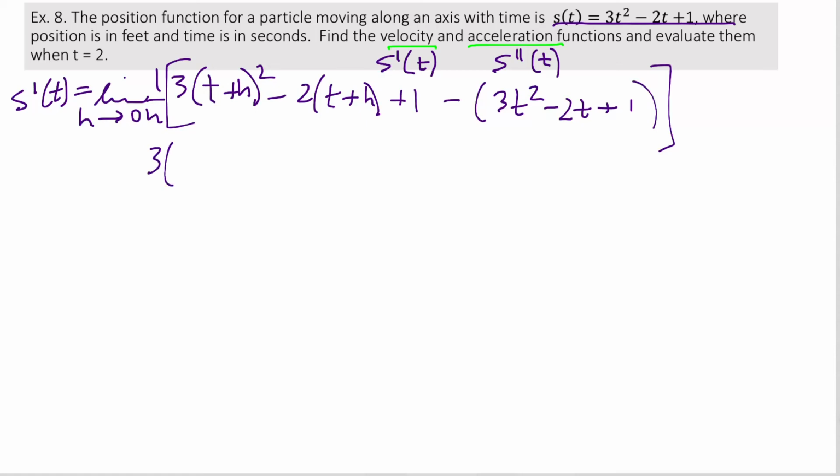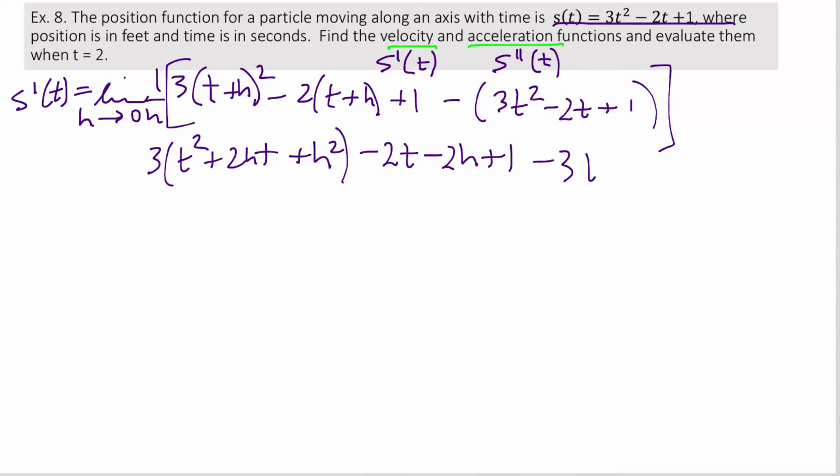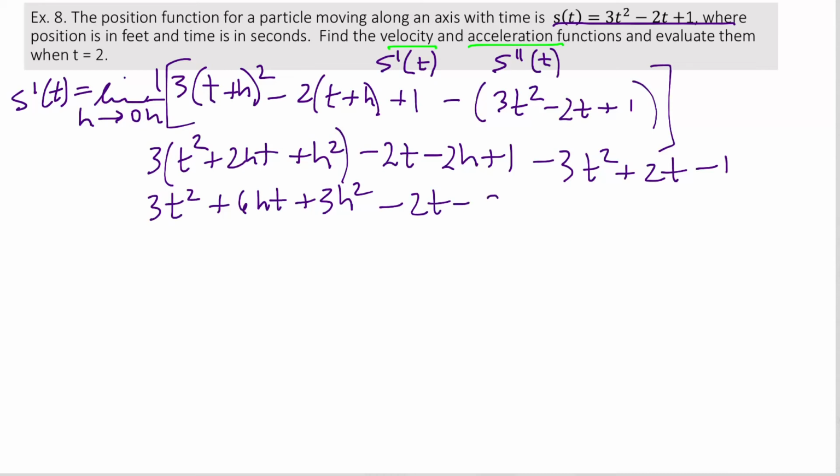Let's expand this out. 3 times t squared plus 2th plus h squared minus 2t minus 2h plus 1 minus 3t squared plus 2t minus 1. All right, so there's some more distributing here. Let's finish this. 3t squared plus 6ht plus 3h squared minus 2t minus 2h plus 1 minus 3t squared plus 2t minus 1.